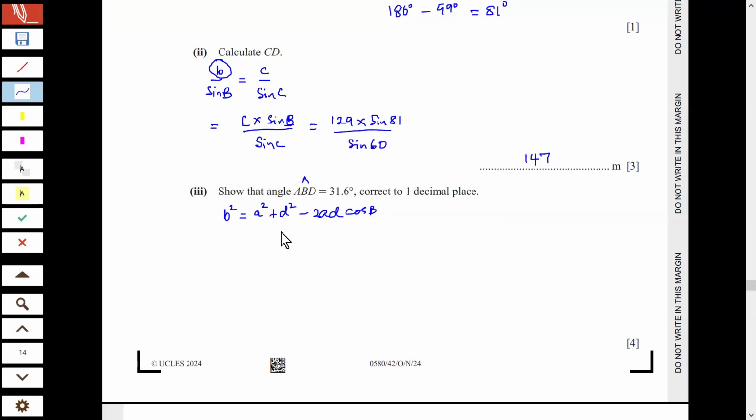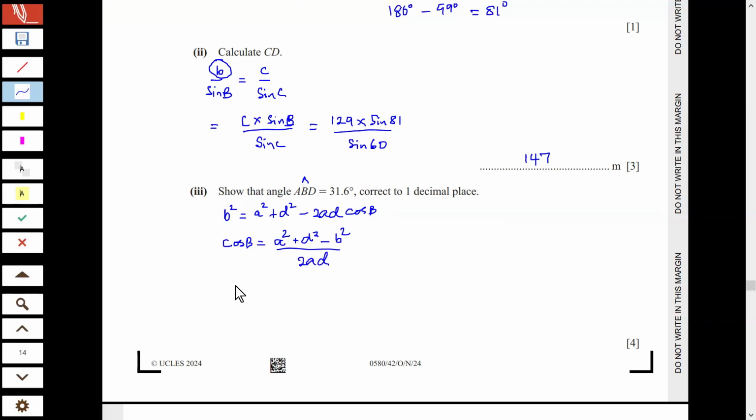Rearranging, cos B is equal to a squared plus d squared minus b squared over 2ad.